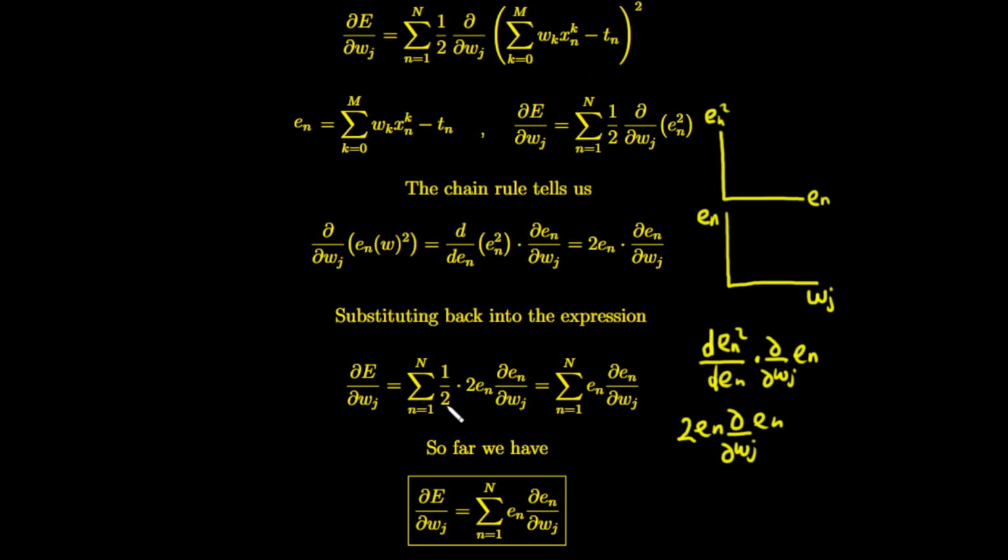So the 2 and the half cancel out, and that was the reason for starting off with the value of a half in the first place, just so that this would balance out and we wouldn't get a constant term feeding in to all of the rest of our calculations. So what we have so far is partial e by partial wj is equal to the sum from n equals 1 to n of en partial en by partial wj.